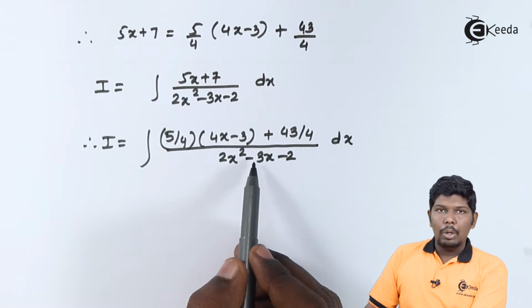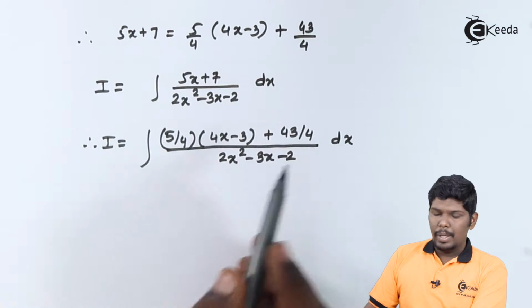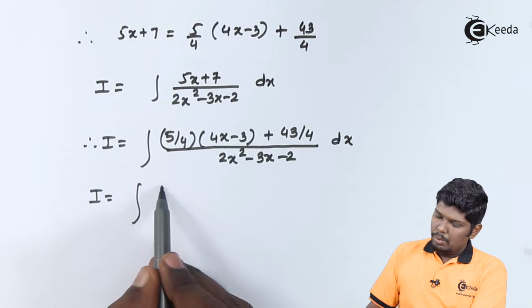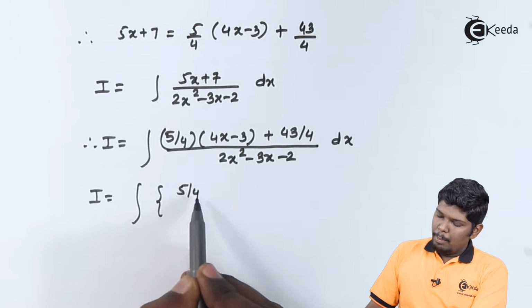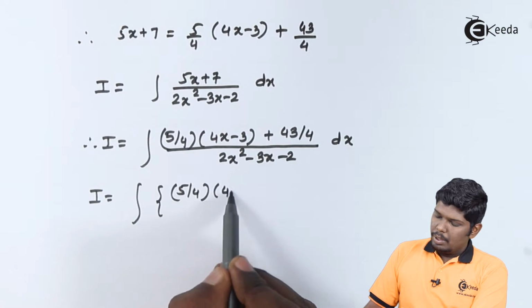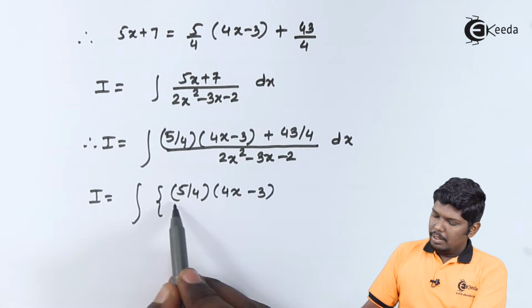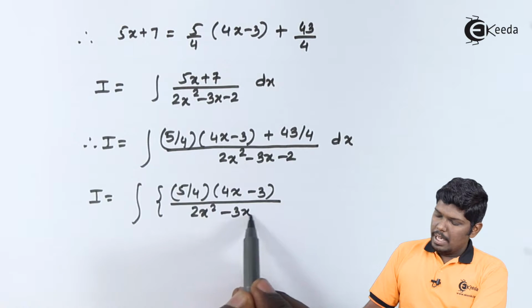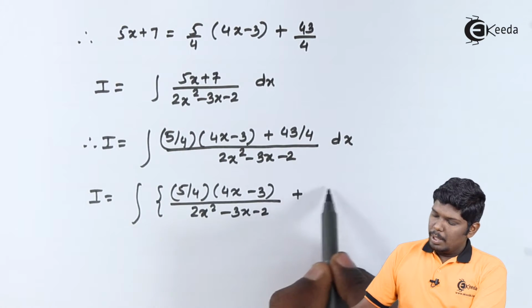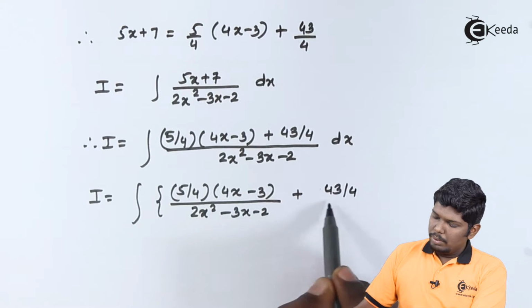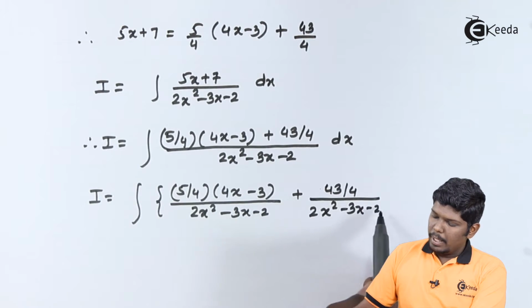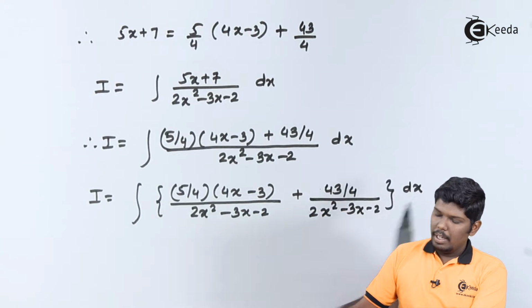Now, we will separate this denominator to both the terms present in the numerator. This will give you I is equal to 5 upon 4 into 4x minus 3 upon 2x square minus 3x minus 2 plus 43 upon 4 upon 2x square minus 3x minus 2 dx.